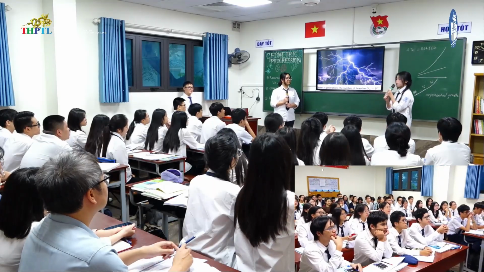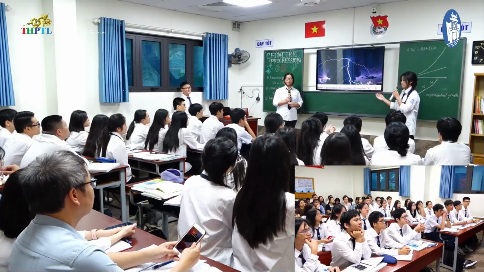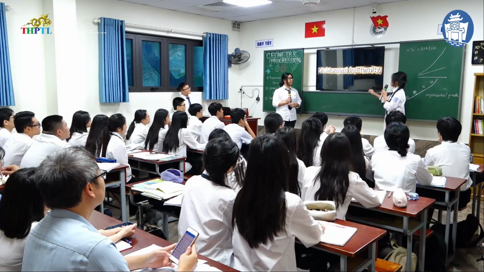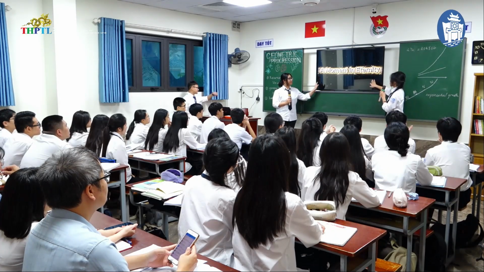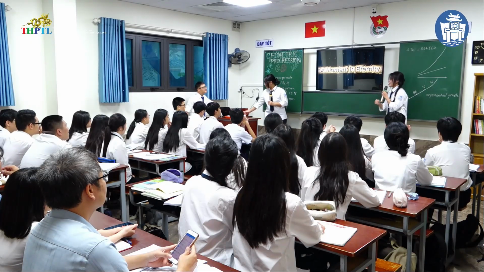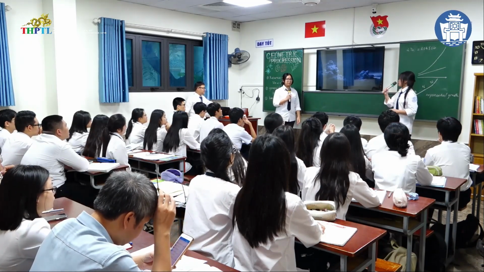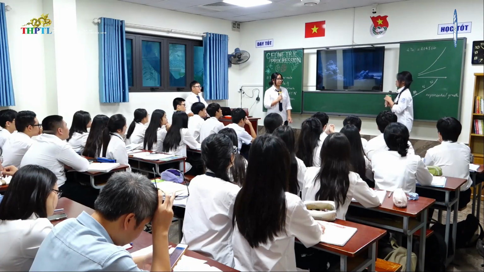A lightning bolt branches the same way. Each strike splits into many smaller parts. Both lightning and snowflakes follow the same law, growth by multiplication.